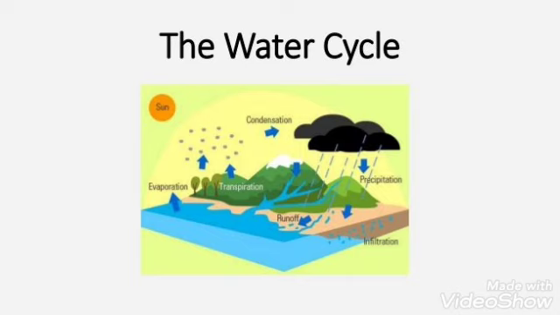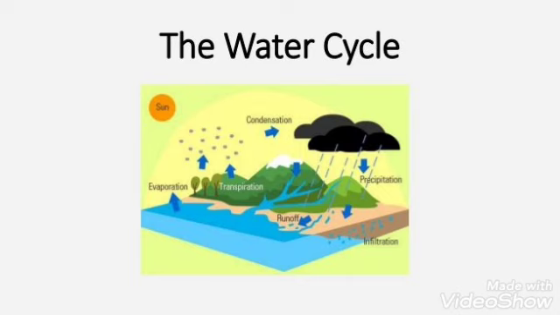So in this cyclic movement of water, firstly evaporation happens and from different water bodies water moves up in the environment and then it comes back to the land in different forms. That cyclic movement of water is known as the water cycle.